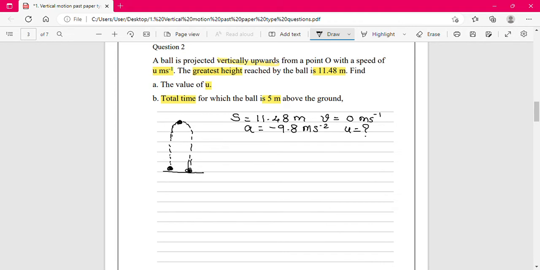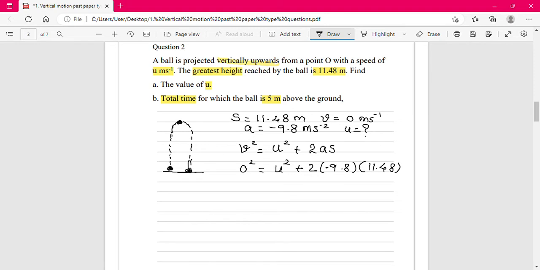So, which is the best suited equation here? Obviously, v square is equal to u square plus 2as. So, 0 square is equal to u square, you have to find out, plus 2a, negative 9.8, into s, 11.48.